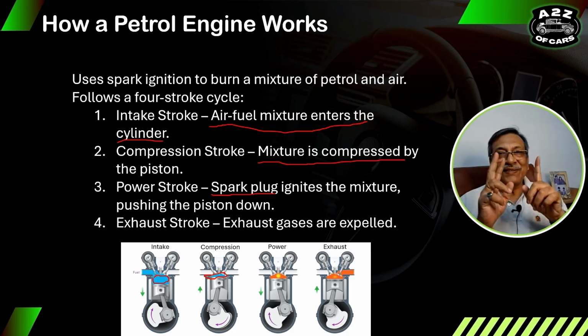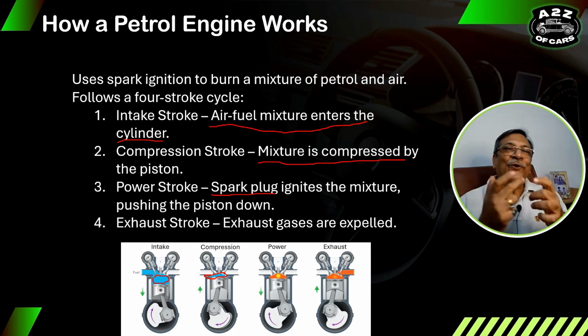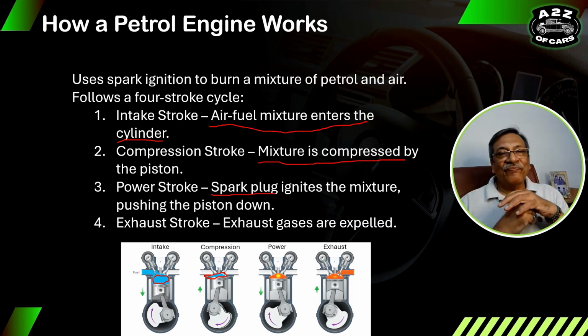Because the fuels have different qualities, characteristics, or rather properties. For petrol to burn, we need a spark. Whereas for diesel to burn, we need to inject it into high temperature. It will catch fire automatically, right? So that is the difference, and that is why there is a difference between both the engines.